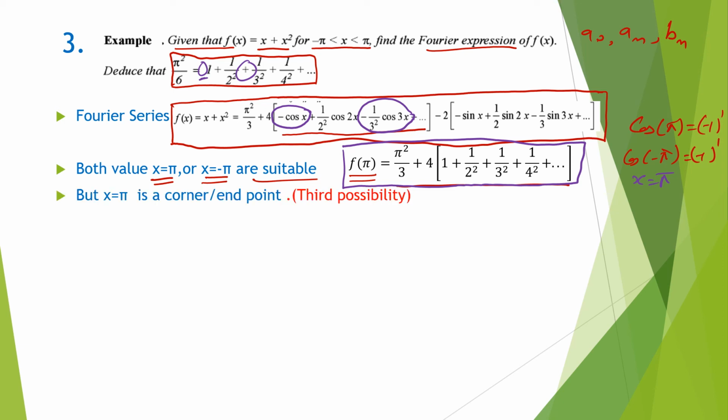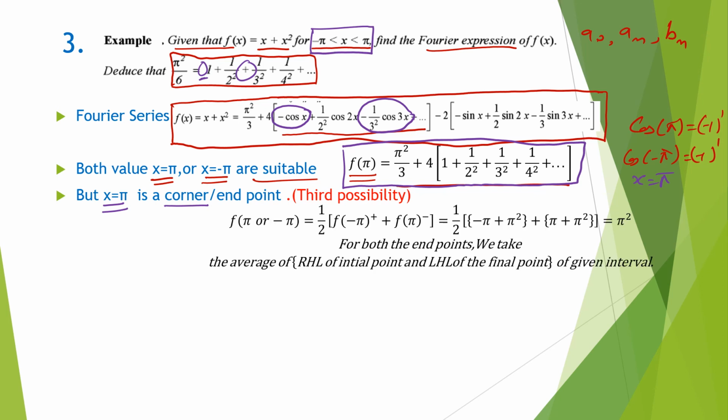But x equal to pi is at the corner and the end point of the given interval. So the third possibility is the average of the left hand limit at the initial point and the right hand limit at the final point.